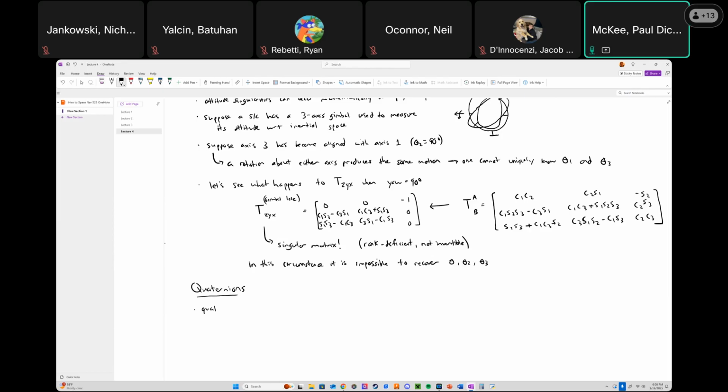Quaternions are an elegant, compact way of describing 3D rotations using 4-dimensional complex numbers.